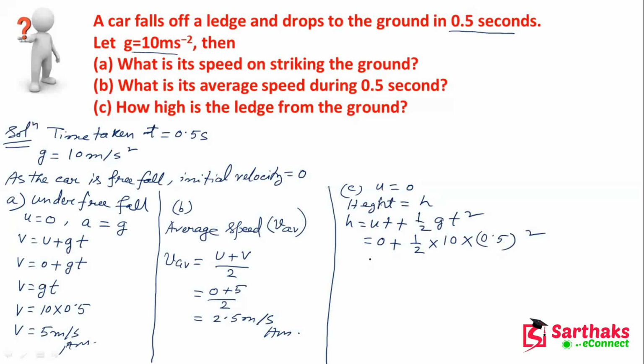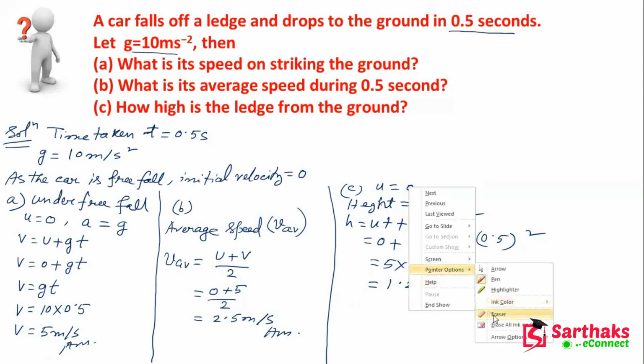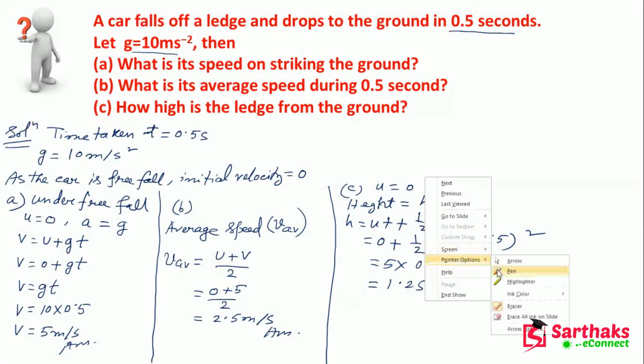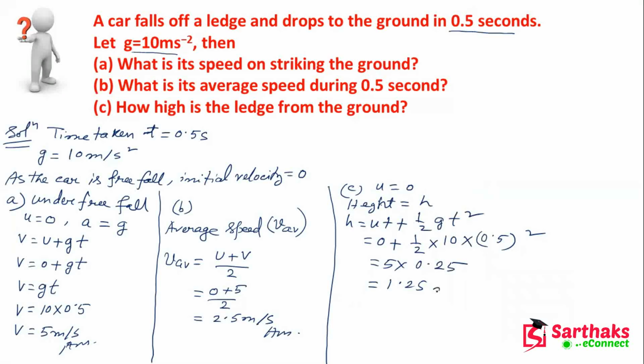So this will be 5 into 0.25, so this will be 1.25. Here, the height will be this much in meters. So this is the solution for C.